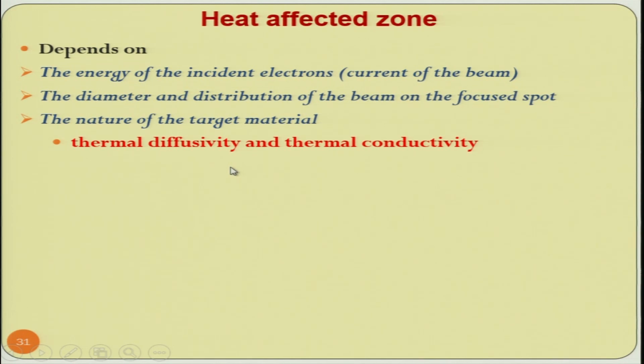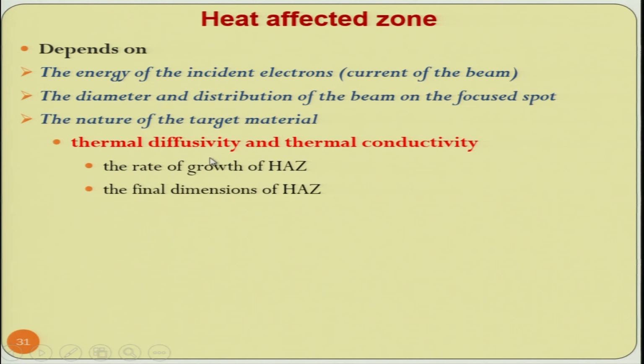You may get different heat affected zones for different diffusivity and different conductivity of the workpiece. The rate of growth of the heat affected zone is governed by the diffusivity and conductivity of the workpiece material. The final dimensions of the heat affected zone are again governed by diffusivity and thermal conductivity of the workpiece material.